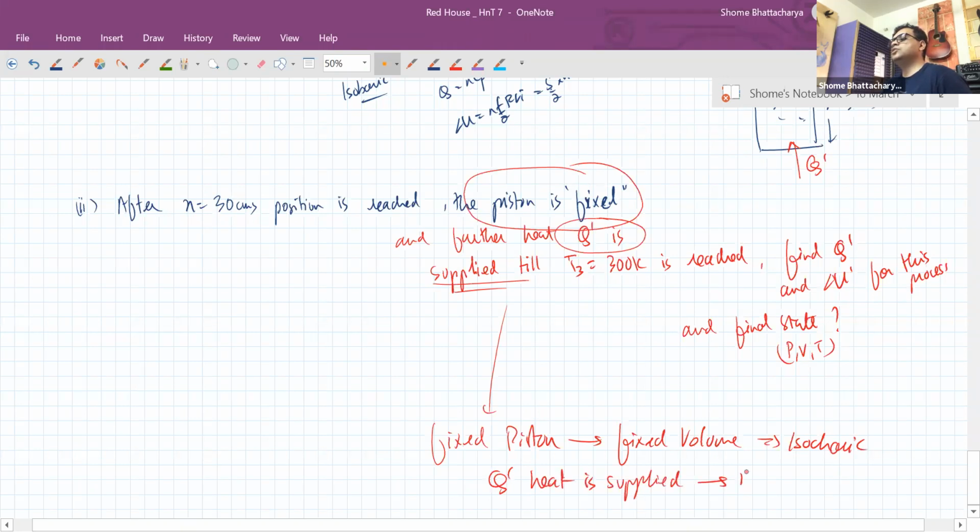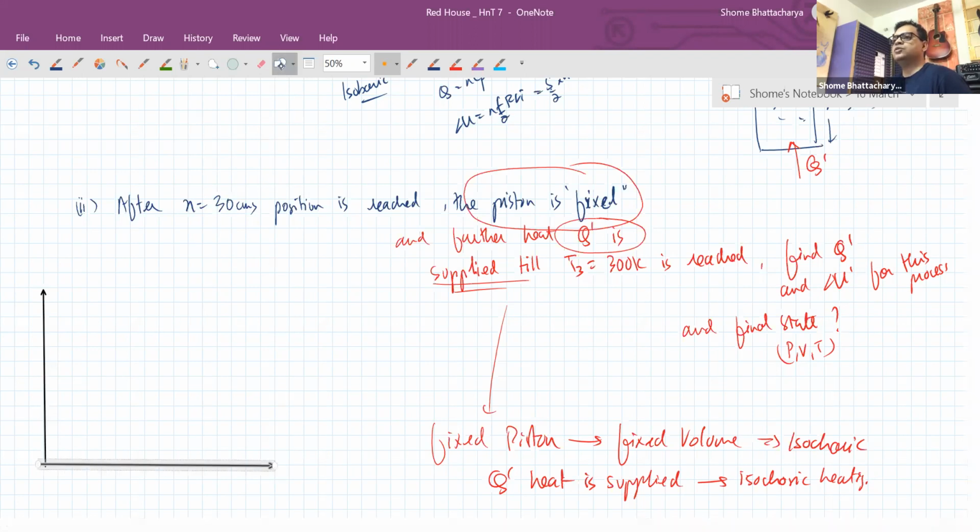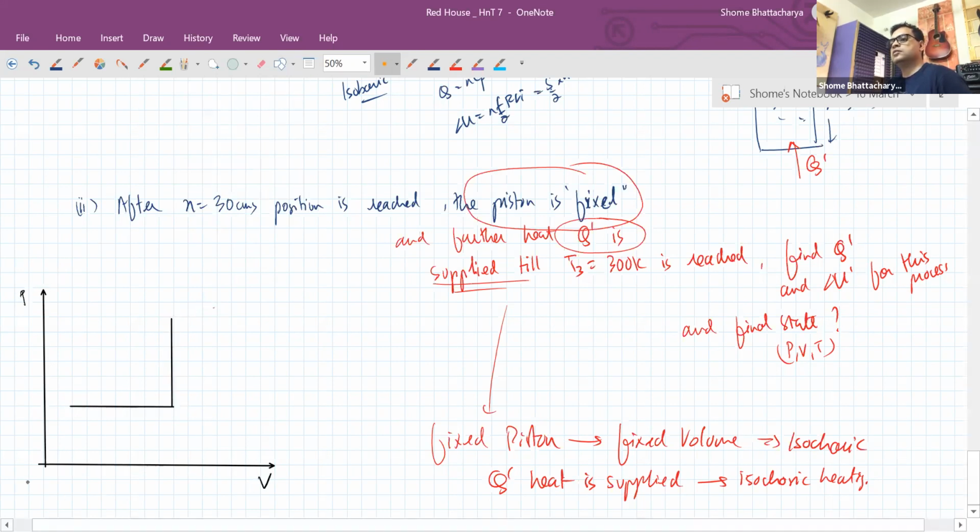So that means it is isochoric heating. Going back to our earlier graph, now in the second part of my problem, the graph is progressing in this way. First I had heated it isobarically, so it went from a volume of this much to this much. Now keeping the volume constant, I am heating it. So this is the second part of my experiment.